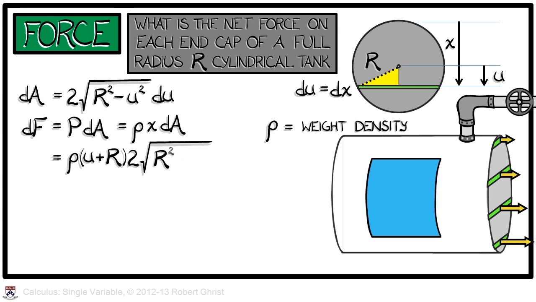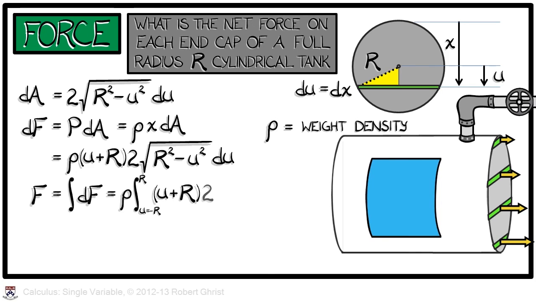Now, x being u plus r and dA being twice root r squared minus u squared du gives us our entire force element. To obtain the force, we integrate the force element as u goes from negative r to r. The resulting integral allows us to pull out the constant weight density, rho.